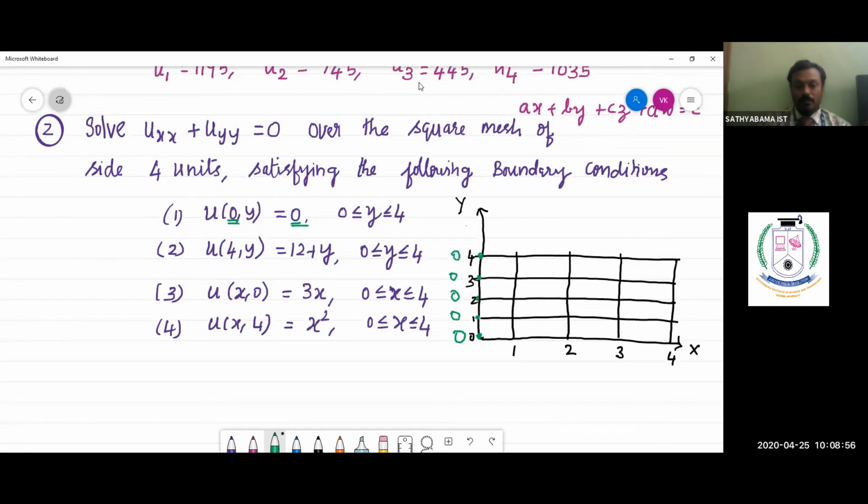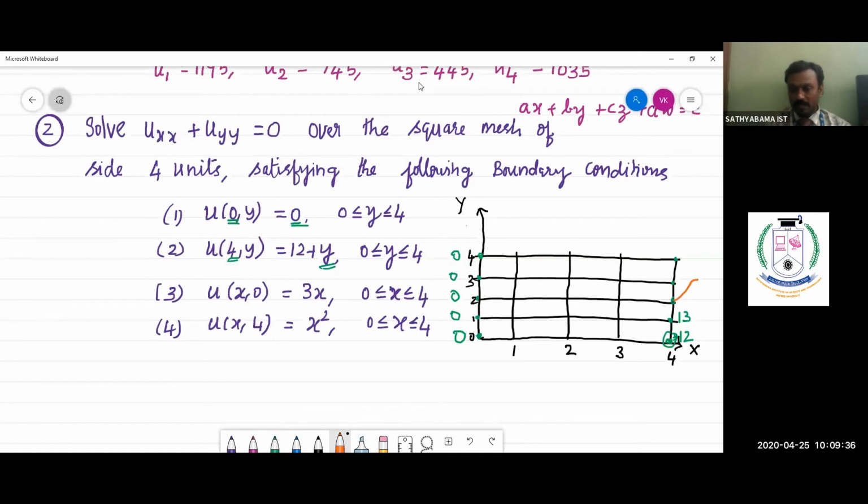Next, the value at the mesh points x is equal to 4. These are the mesh points having x is equal to 4: 4, 0, 4, 1, 4, 2, 4, 3, 4, 4. Here y is equal to 0, so 12 plus 0, it is 12. The mesh value at this point, y is equal to 1, so 12 plus 1, we get 13.